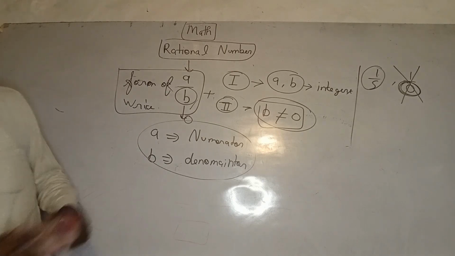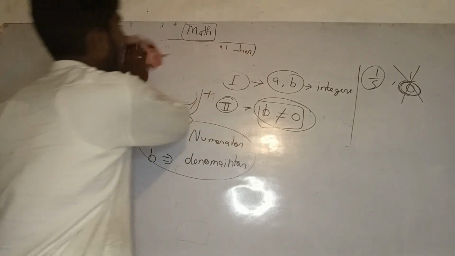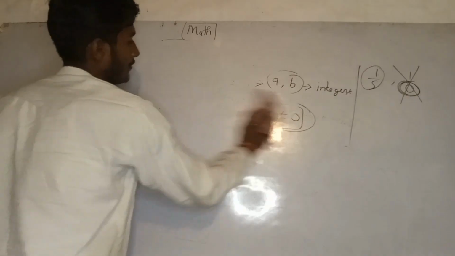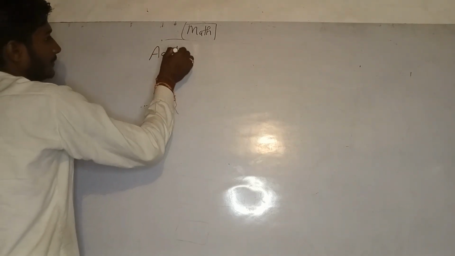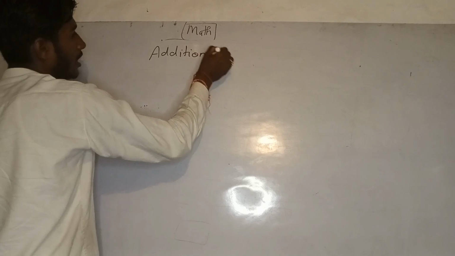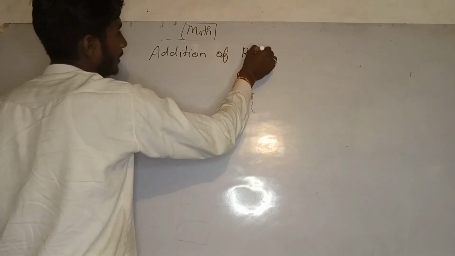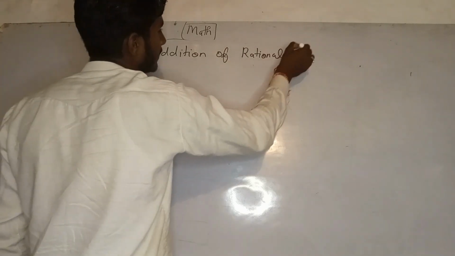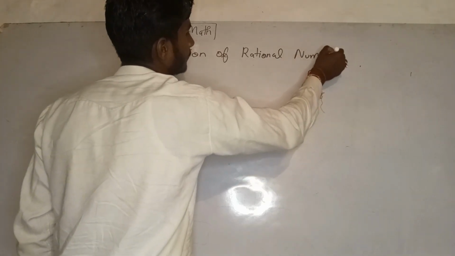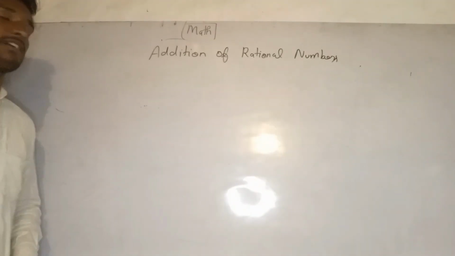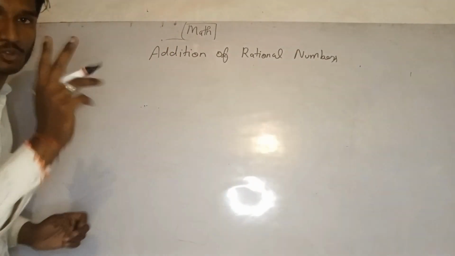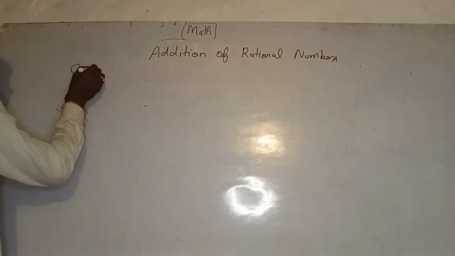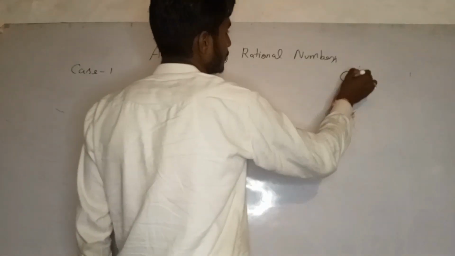Then we reach the next topic, which is about understanding the addition of rational numbers. How do we add rational numbers? Rational number addition has two cases: case 1 and case 2.